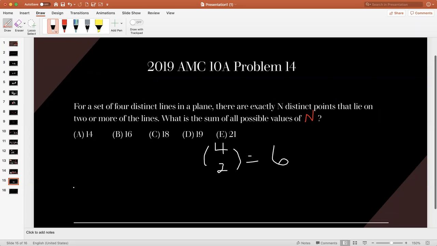If we have a maximum of 6 intersections, then we can always just count backwards from 6 to 5 to 4 to 3 to 2 to 1, and test all those cases to see if it is actually possible to have that many intersections between the 4 lines.